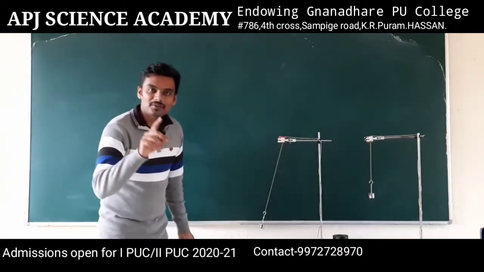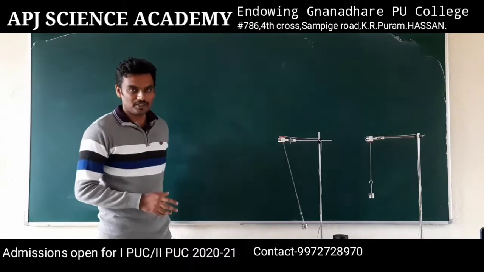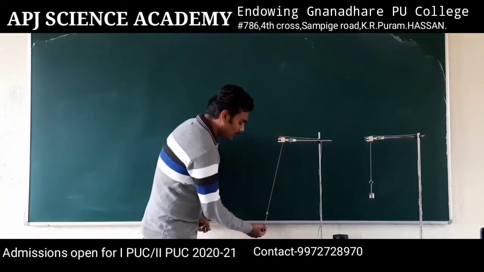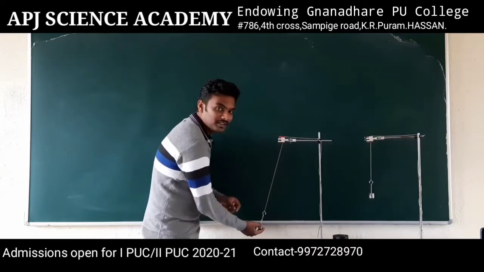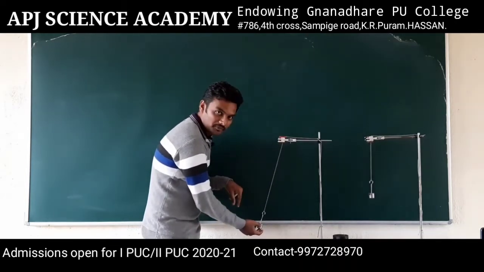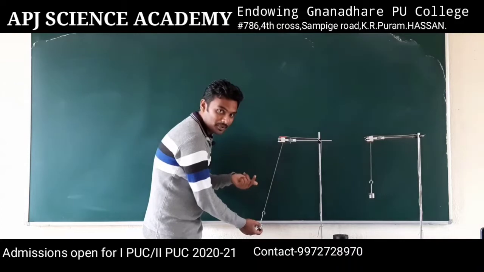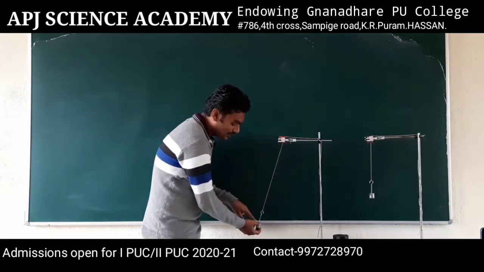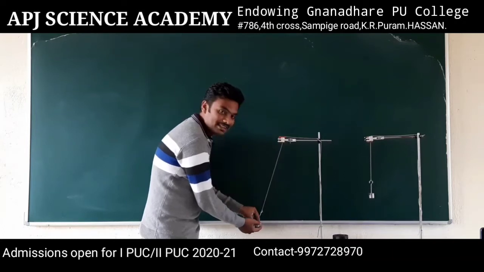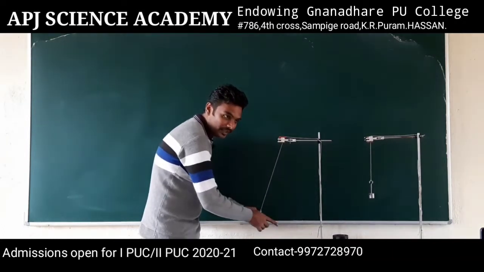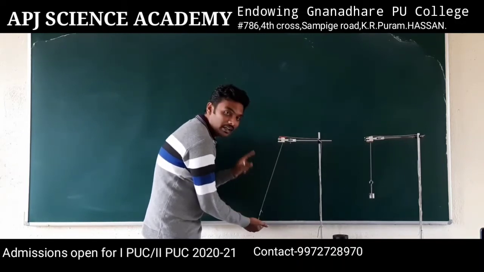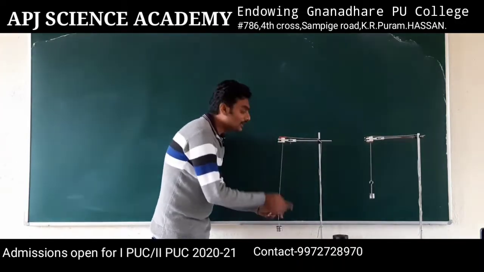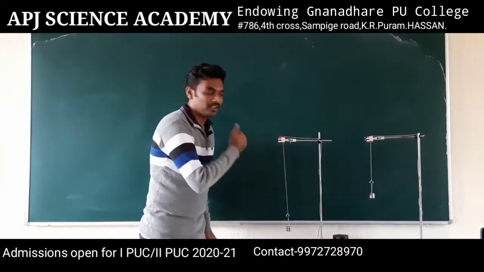Now the time. Here is a factor which is very important for our discussion. You can observe it takes a certain time to complete one back and forth motion, or I can say one complete oscillation. If the oscillation starts from this point, the time taken to reach the same point back again is considered to be the time period of the oscillation.